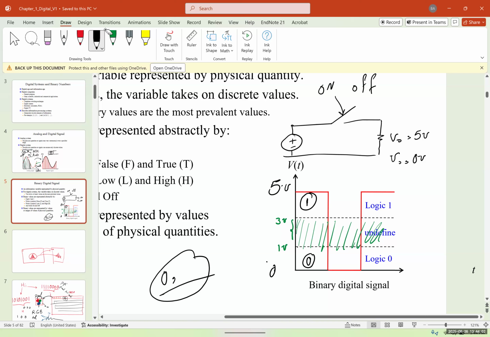So 0 volts would be the logic of 0, 0.5 volts would be the logic of 1. And by doing that, I have reduced my voltage by 10 times.